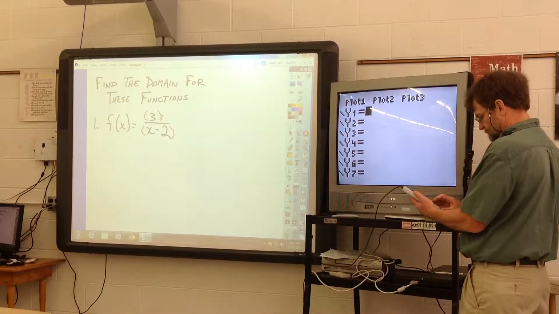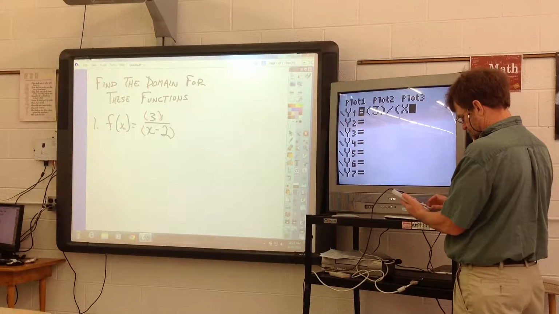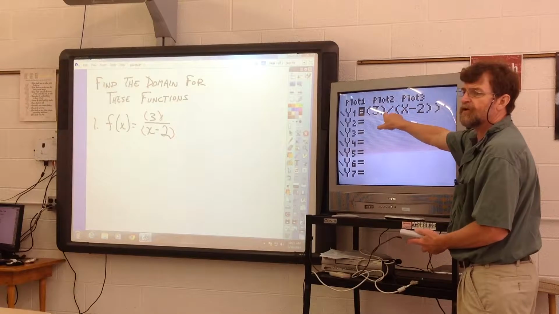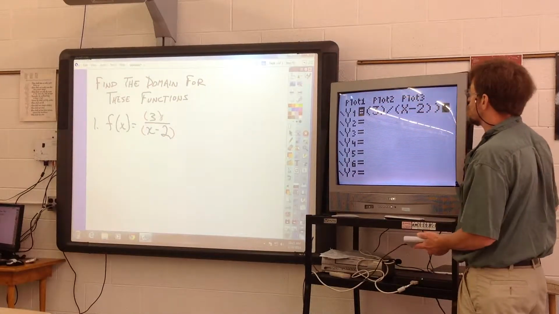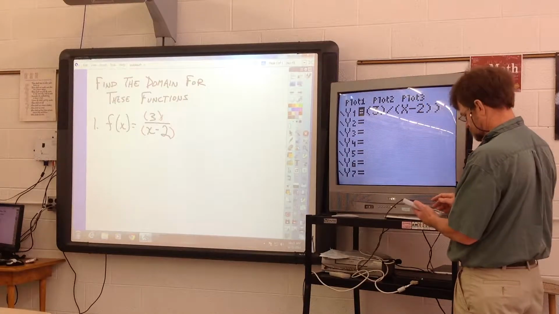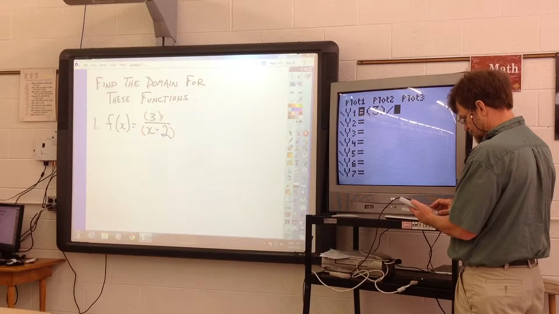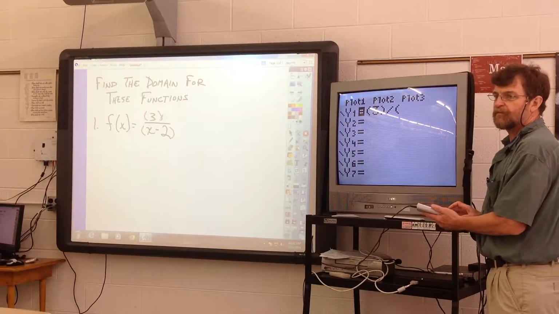So I'll put 3 over x minus 2. Do any of you have a calculator that can make an actual fraction? Okay, so you don't have to worry about that. Does anybody know what the domain of this is before we even graph it?